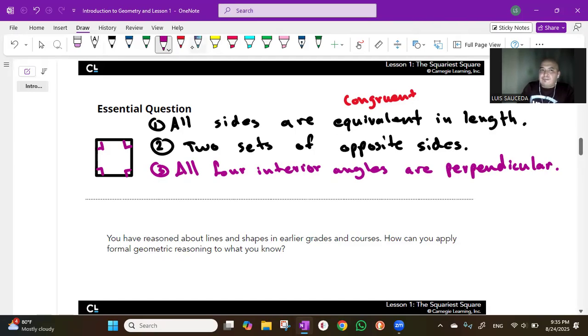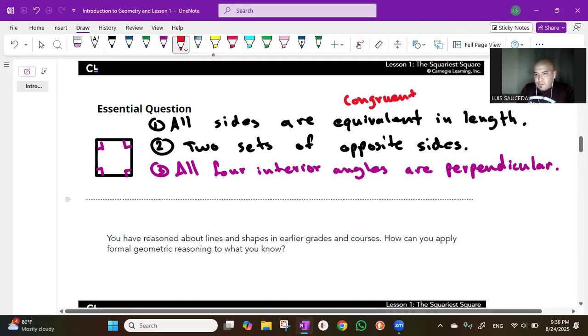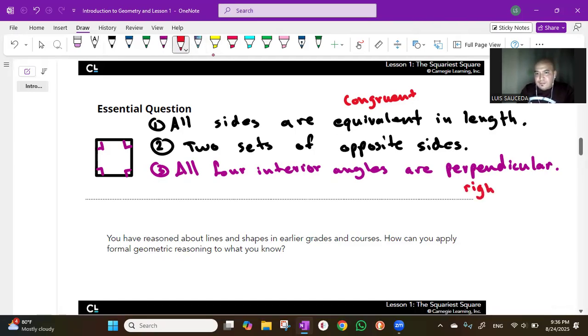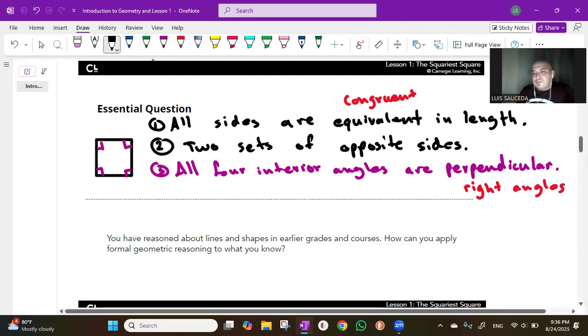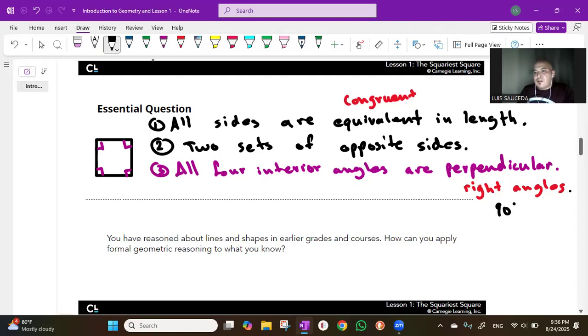Or you can say are right angles, right? Right angles. Or you can say just 90 degrees. Whichever one of these is perfectly fine, right? It just depends how you work, right?